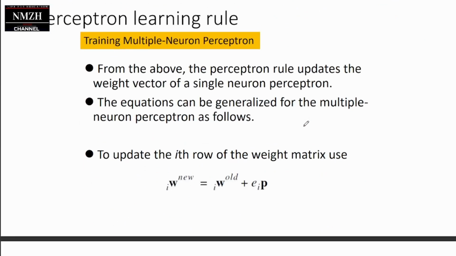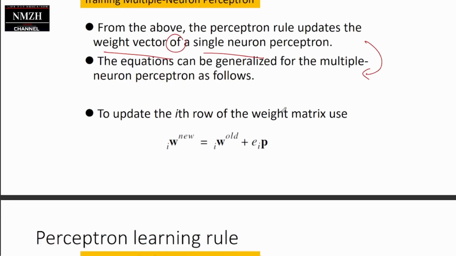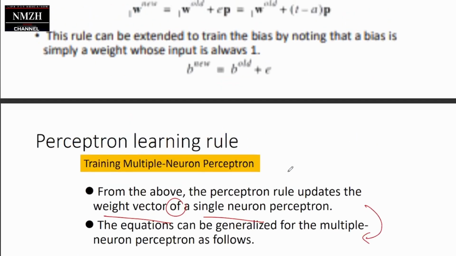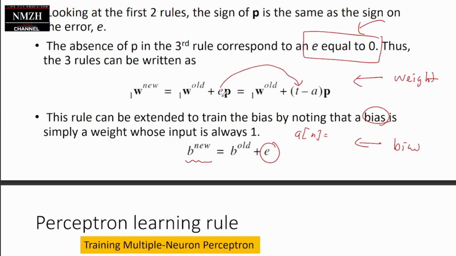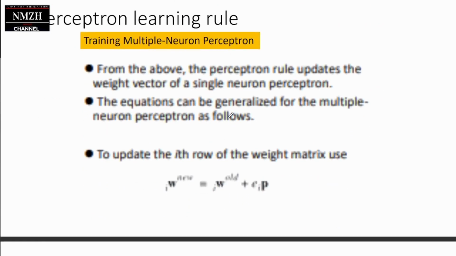And then from this particular point, from the above, the perceptron rule updates the weight vector of a single neuron. Then the equation can be generalized to the multiple neuron perceptron as well. So to update the row of the weight matrix, we add this one, guys, e i. Because we now think of the multiple cases, so that would be things related to this.